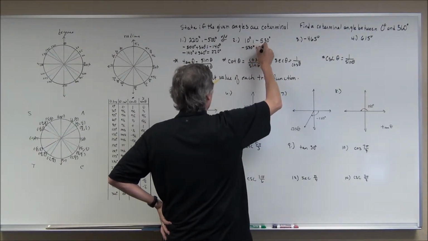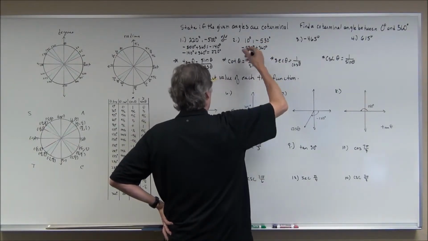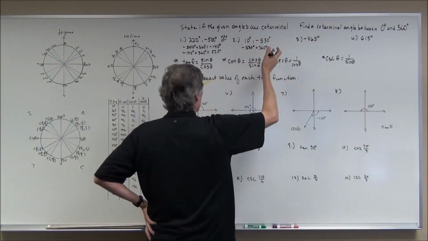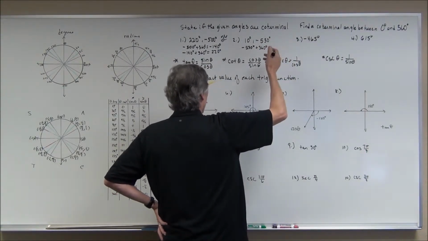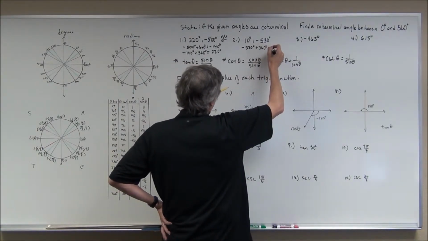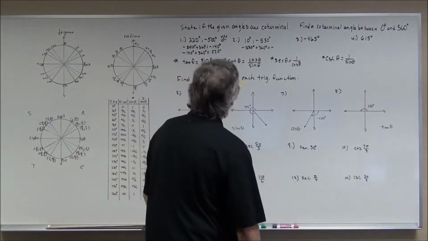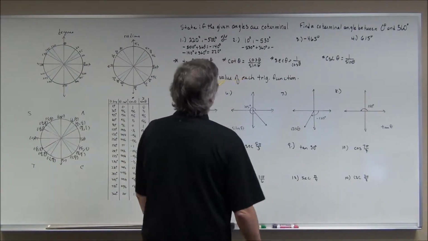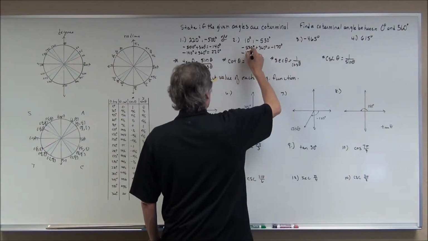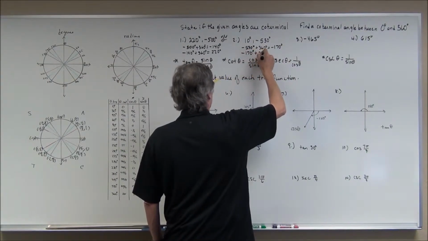I didn't see any of these kinds of problems on your worksheet where they were doing this in radians. So you would do the same thing, only you'd be adding 2 pi. It'll be a pain because of probably some fractions. So this is going to give me negative 170. Still too small, so I add another 360.